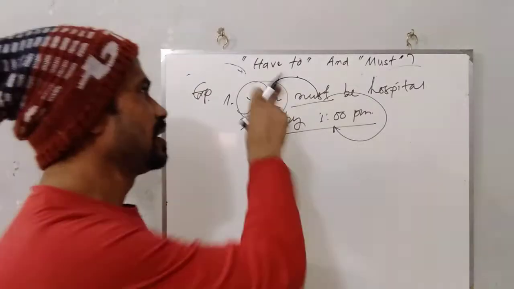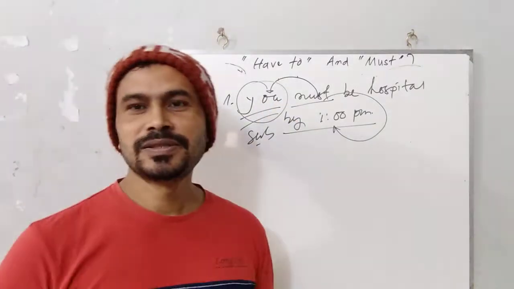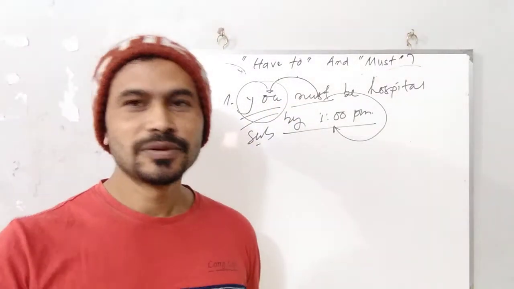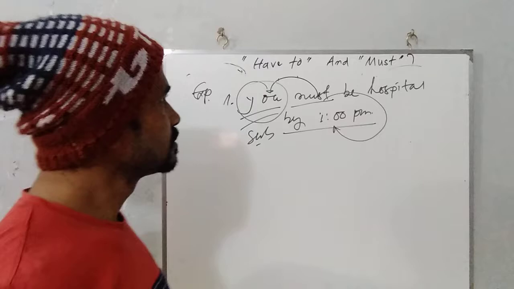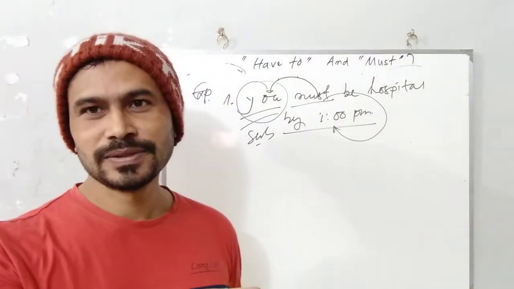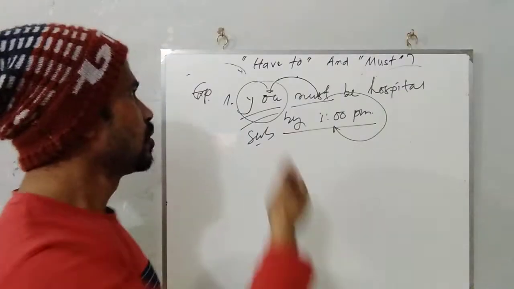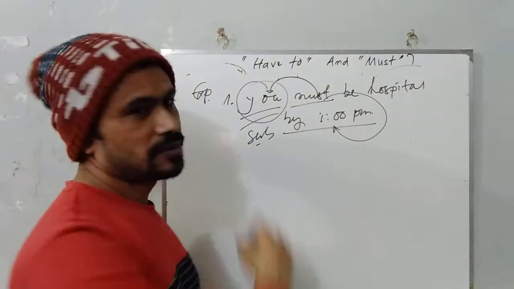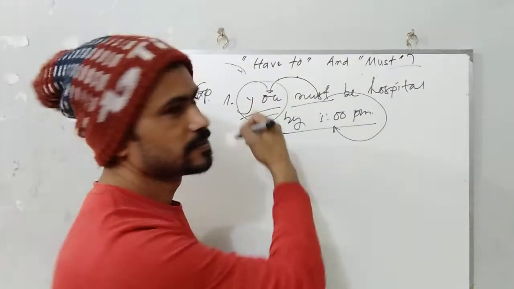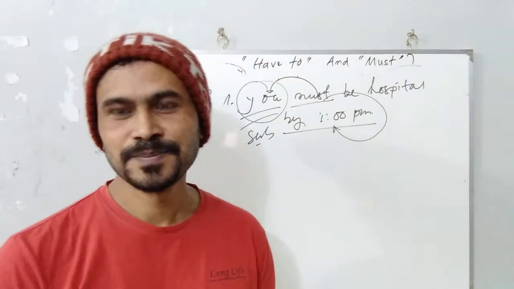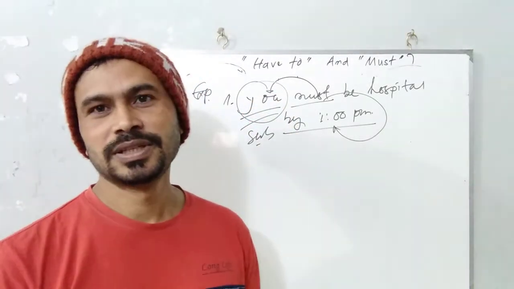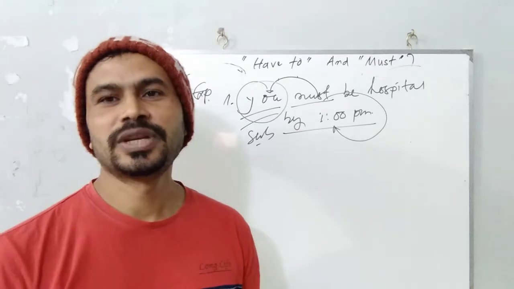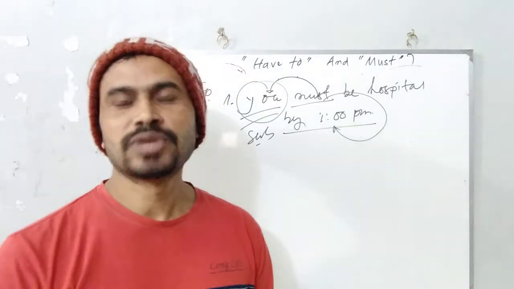In this sentence, must is used in two ways: one is subjective and one is specific obligation. I think, my friends, you understood.